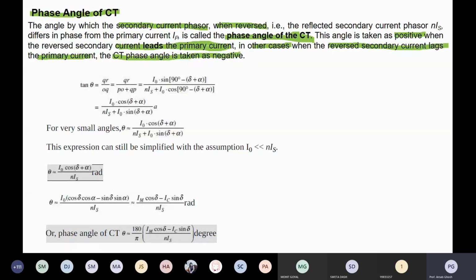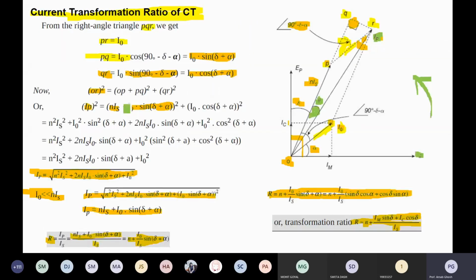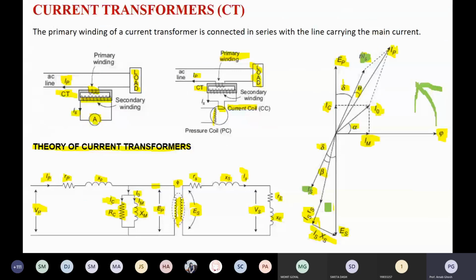If it is a leading power factor load, then what happens? IS will be on the other side, there will be an alternation between IS and VS. So the total thing will be reflected in a different manner, and the angle will come negative.